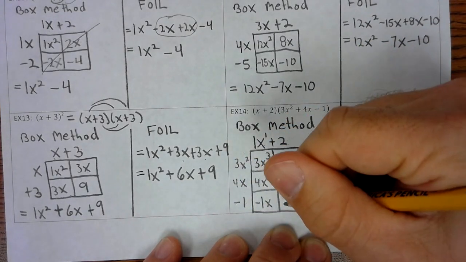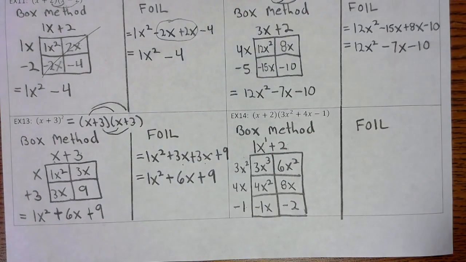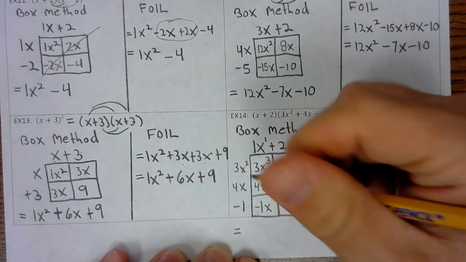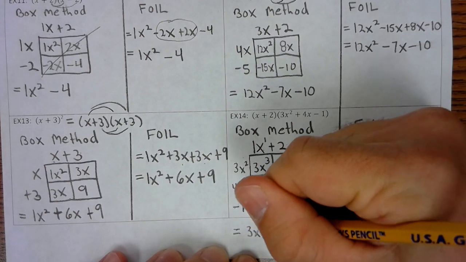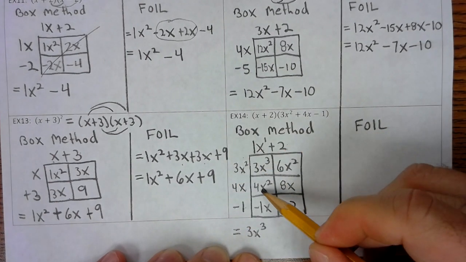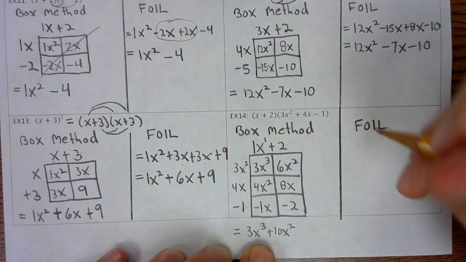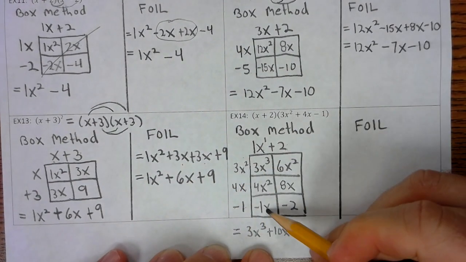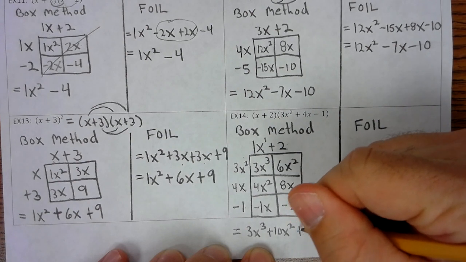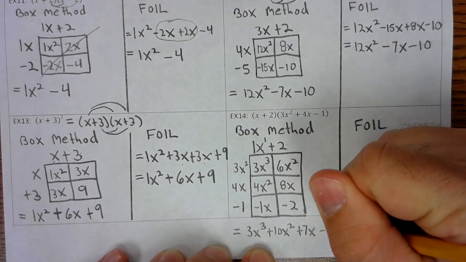And then negative 1 times 2 is negative 2. So you have 3x cubed. When you combine 4x squared and 6x squared, that's plus 10x squared. And then negative 1x and 8x is a plus 7x. And then minus 2.